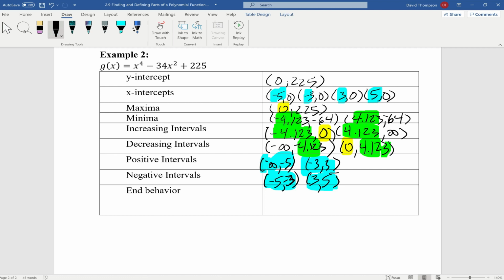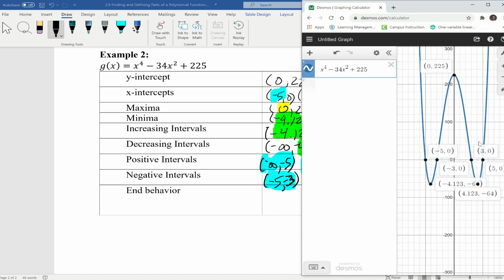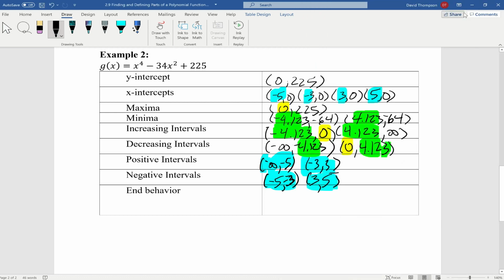And then our last interval, from 5 to positive infinity, we're above the x-axis, so we're positive. And we found our positive and negative intervals.